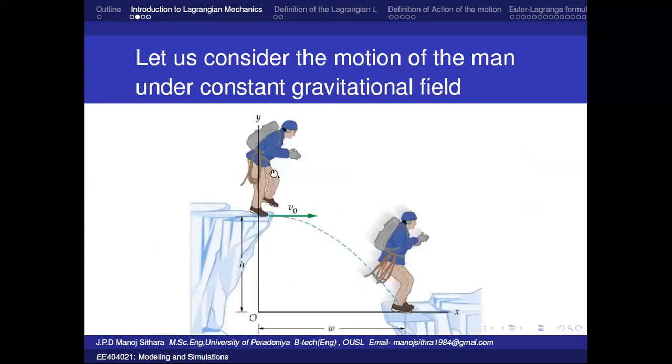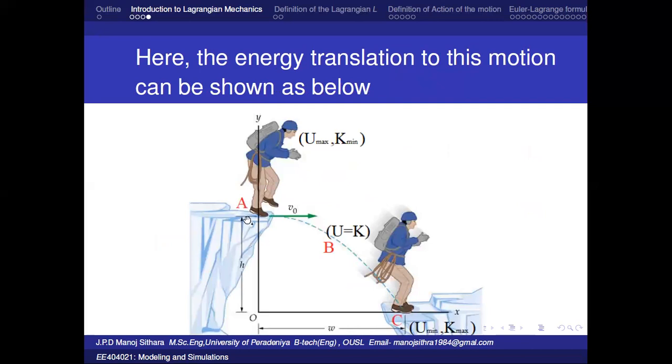That means if this person jumps, right? At the beginning, we have the maximum potential energy, which is measured from the potential zero point, the potential reference, right? We have the maximum potential energy and minimum kinetic energy. That means we can have zero kinetic energy. In general, we don't say zero, we just assume the minimum, right?